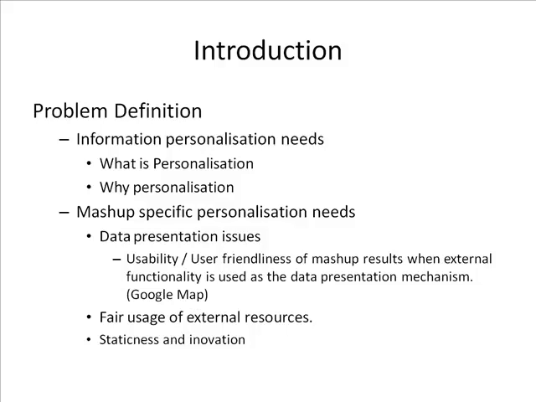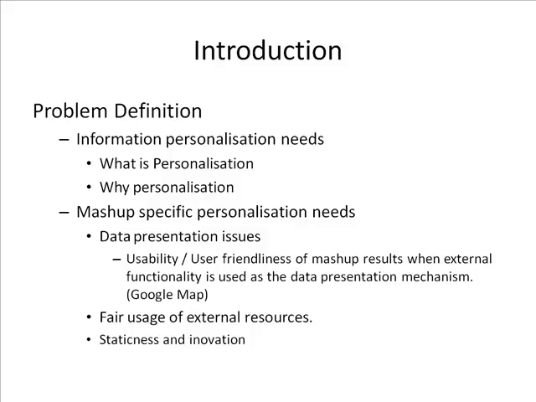Since mashups use external resources to obtain information or functionality, the fair use of those external resources should be emphasized because those resources are originally implemented to serve some other service.